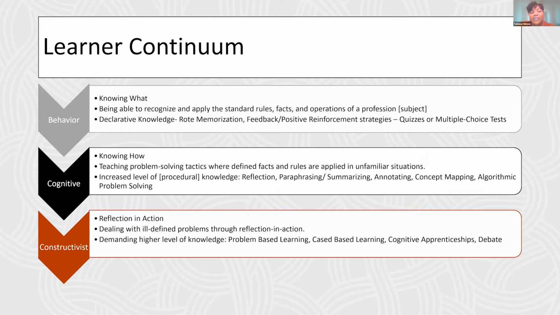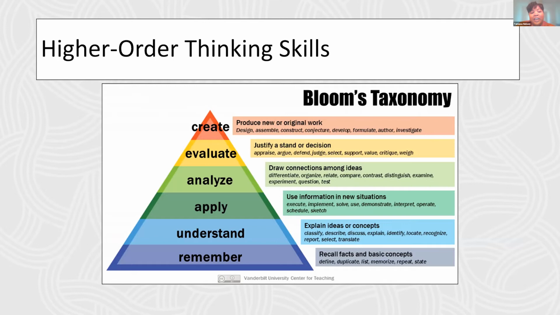So this is just a basis level. This is foundational concepts of the learner continuum. And then we're going to move into how does this apply in the higher order thinking skills mode. So we map those concepts to higher order thinking skills. When we're talking about remembering and understanding, that maps to the behavior level of being able to recall facts and basic concepts, explain ideas or concepts.